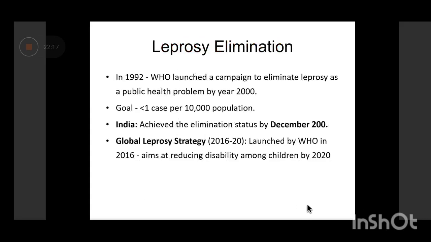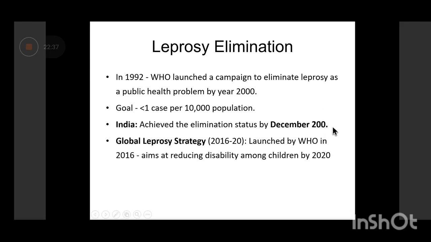Now coming to leprosy elimination, in 1992, WHO launched the campaign to eliminate leprosy, where the goal was less than one case per 10,000 population, and India achieved this elimination status by December 2005.